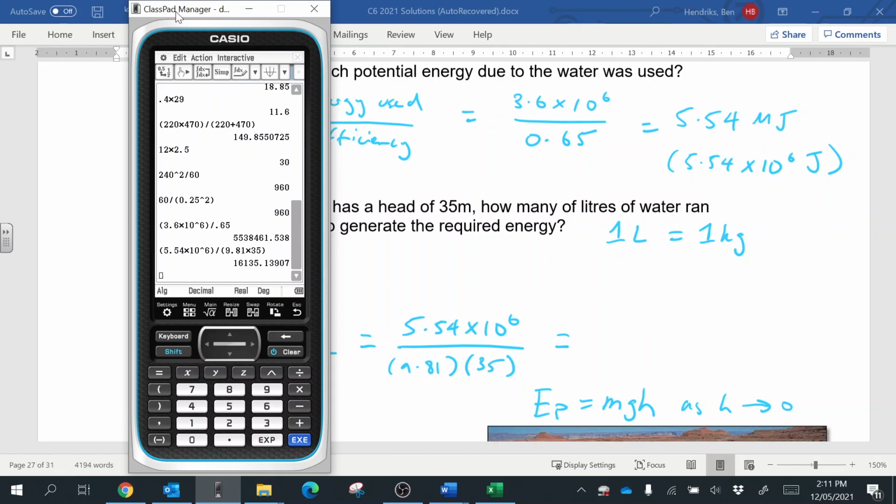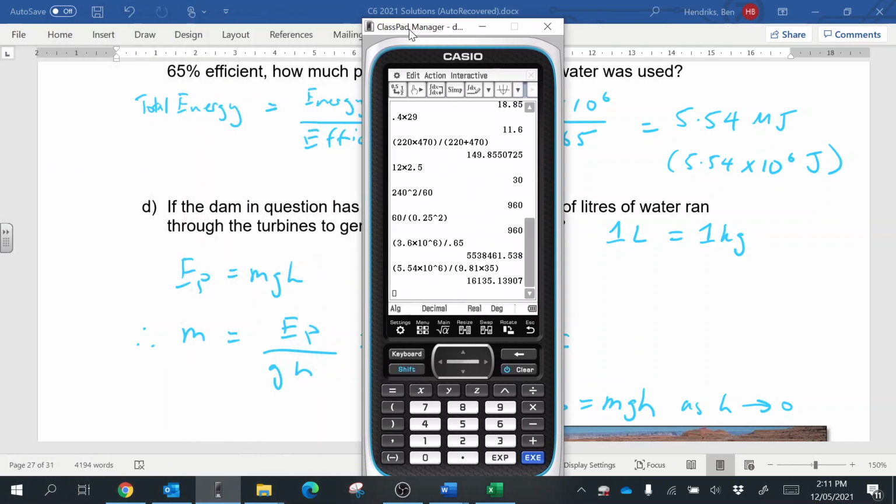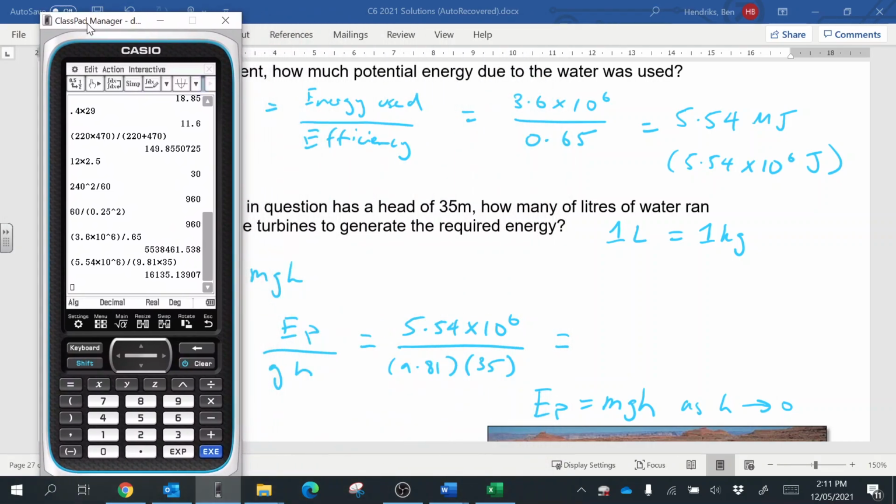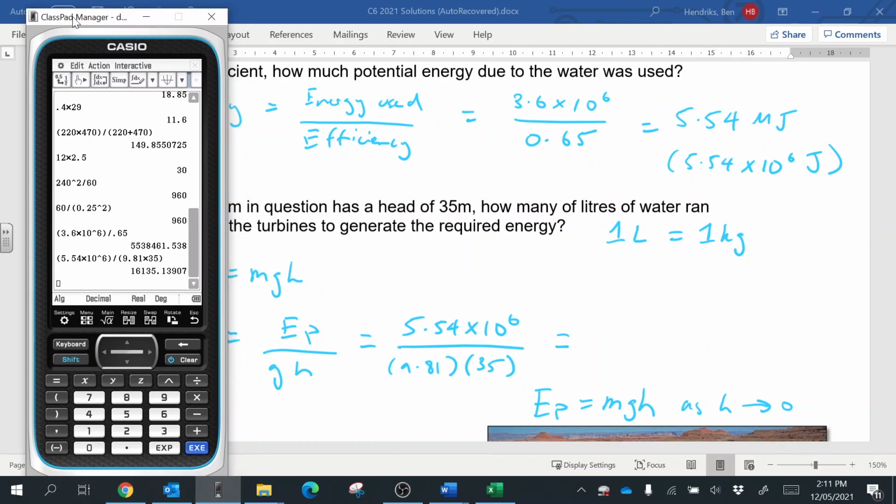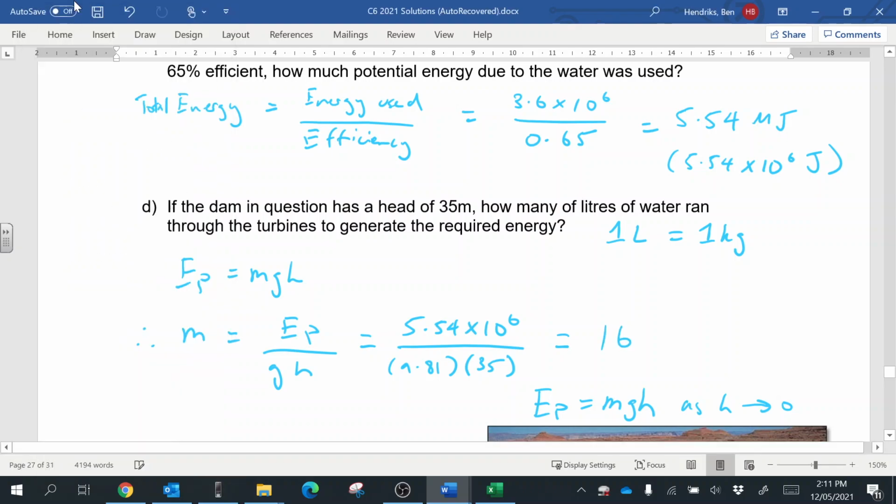And so what we get is about 16,100 litres. We'll just say 16,000 litres to two significant figures.